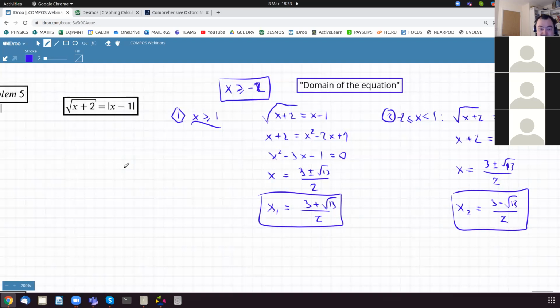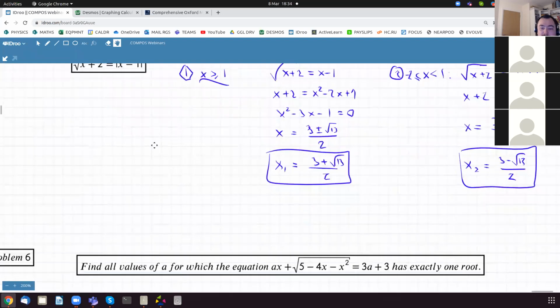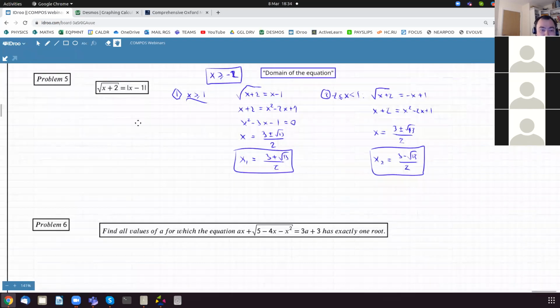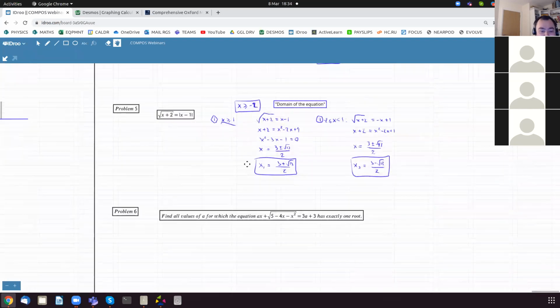So an easier way to do this particular question would be just to square both sides, find the answers, and check the answers in the equation. The only problem is the numbers are not easy to check. If it's a non-calculator paper, it's not that easy to check those answers. So that's one of the reasons why we would use this method rather than just squaring.